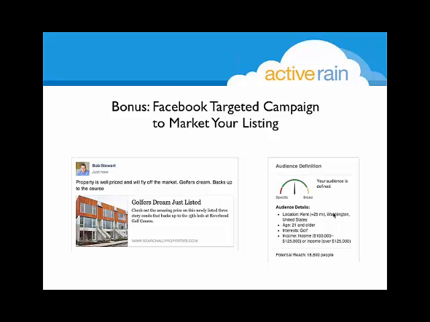Now, this ad is ridiculous if I just run it to everybody, because most people aren't going to care if they live on the 15th hole at Riverbend, but somebody who's interested in golf might. You see my audience definition over there, and I'm going to show you this in a second on another example that might be even more powerful.